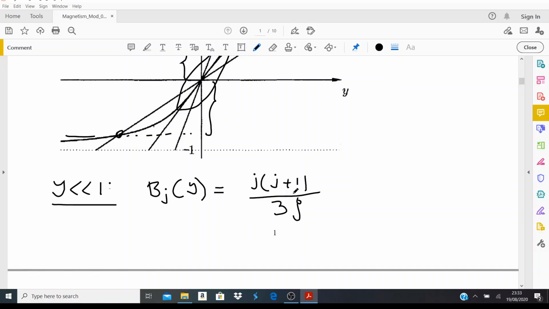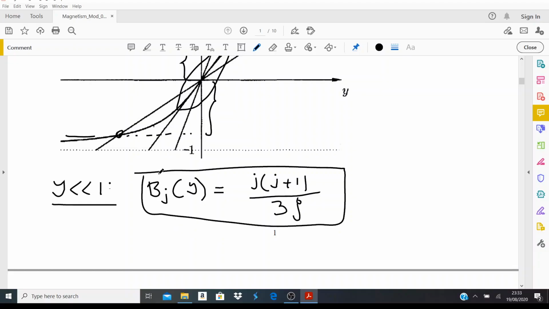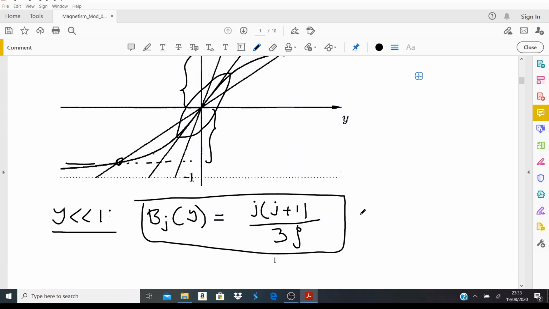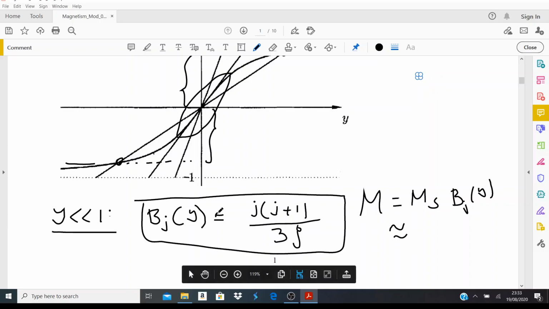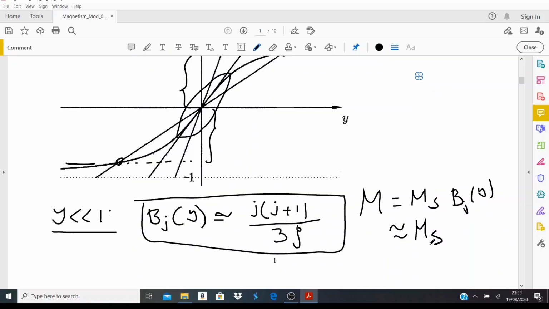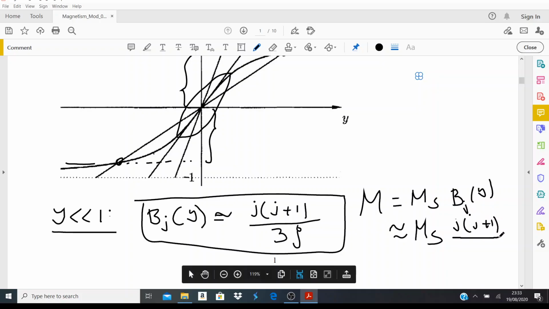So that's the expression for the linearized Brillouin function. And then as m is equal to ms times this Brillouin function, we can approximate this function as a linear one: ms times (J plus 1) by 3J times y, right?